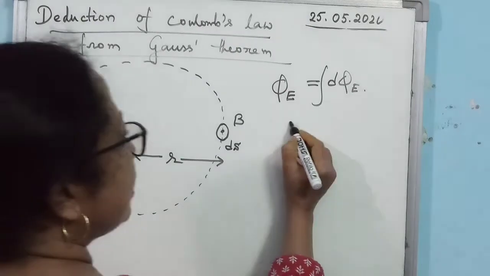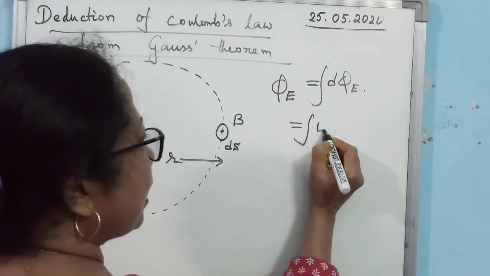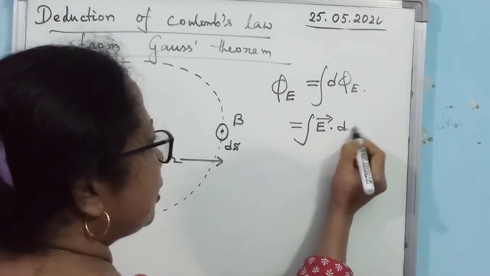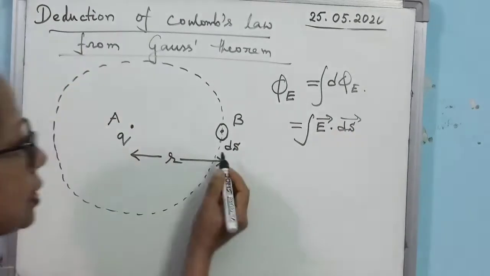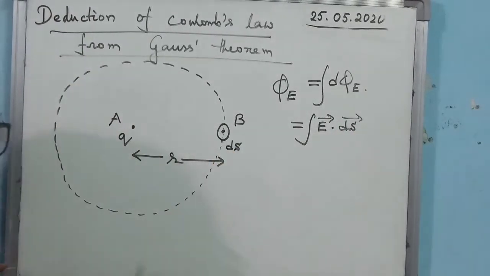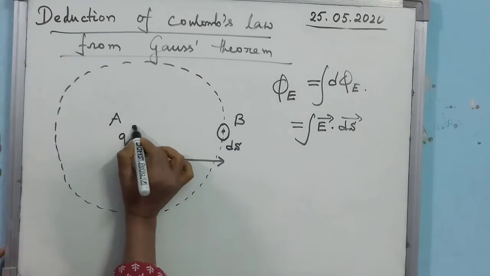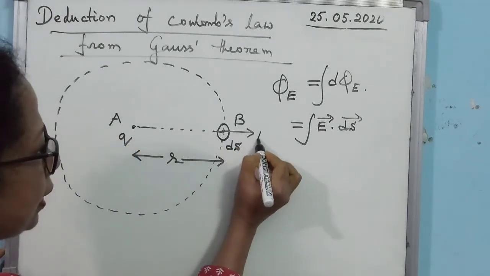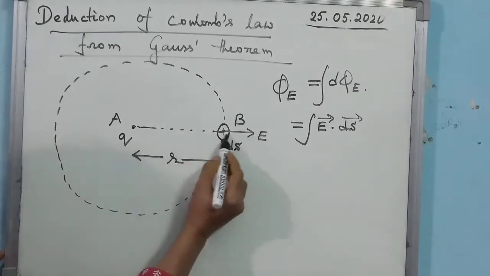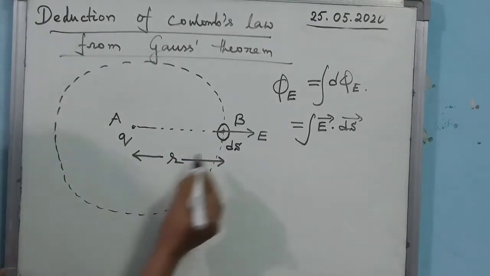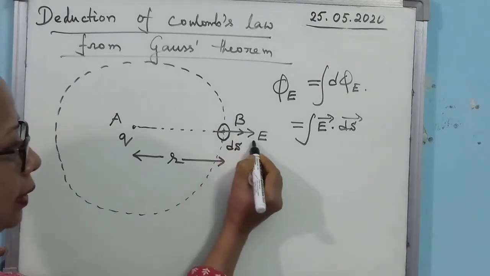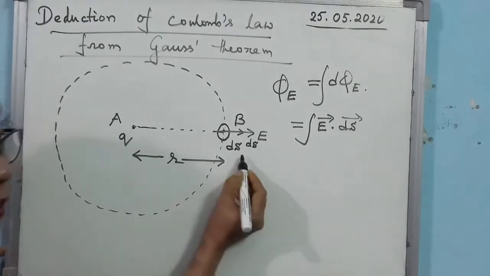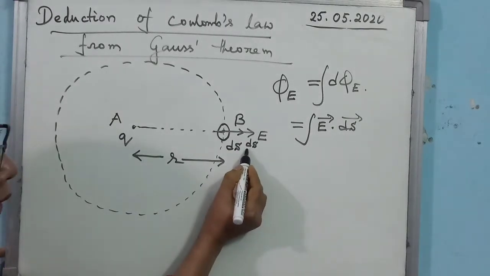Now here you can write d phi e as E dot ds, where E is the electric field intensity at this point. The direction of the electric field intensity is along this direction. Now look at the surface chosen: what is the direction of the surface area vector ds?